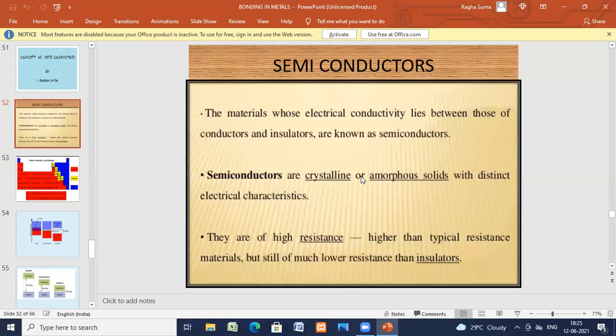The interesting feature about semiconductors is that they are bipolar, and the current is transported by two oppositely charged carriers. The intermediate properties are determined by crystal structure, bonding characteristics, and electronic energy bands.